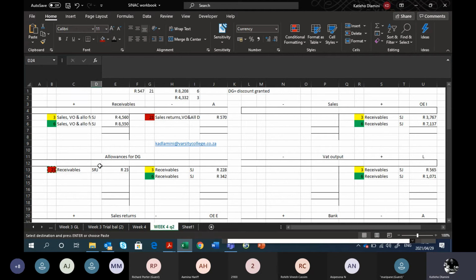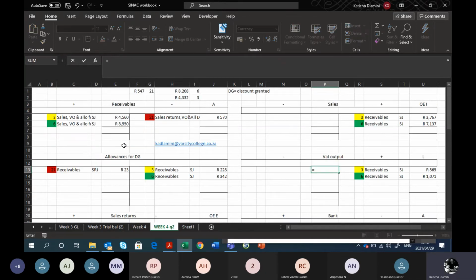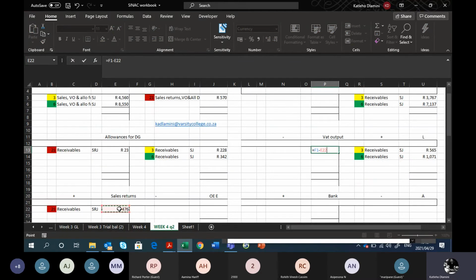So thus far, I have my sales returns and my allowance for settlement discount. I don't have my VAT output yet. Okay. So then I'm going to say this amount here, minus this amount here, and I'm going to get that 71 Rand. Okay.